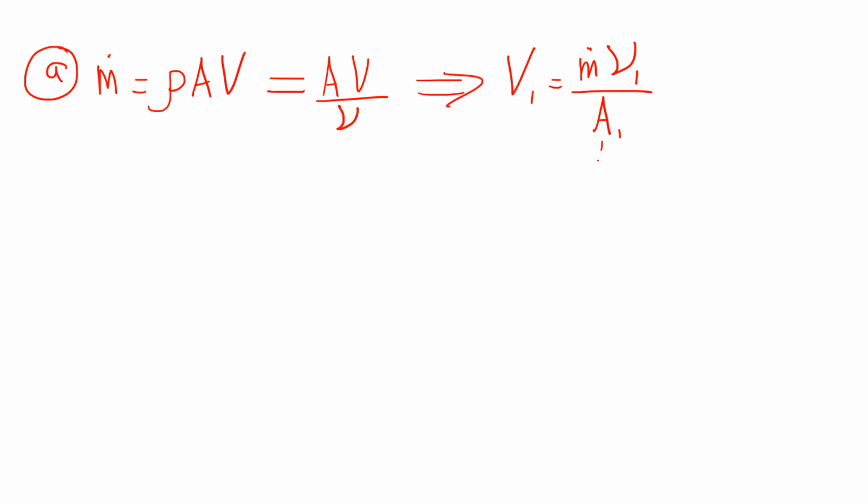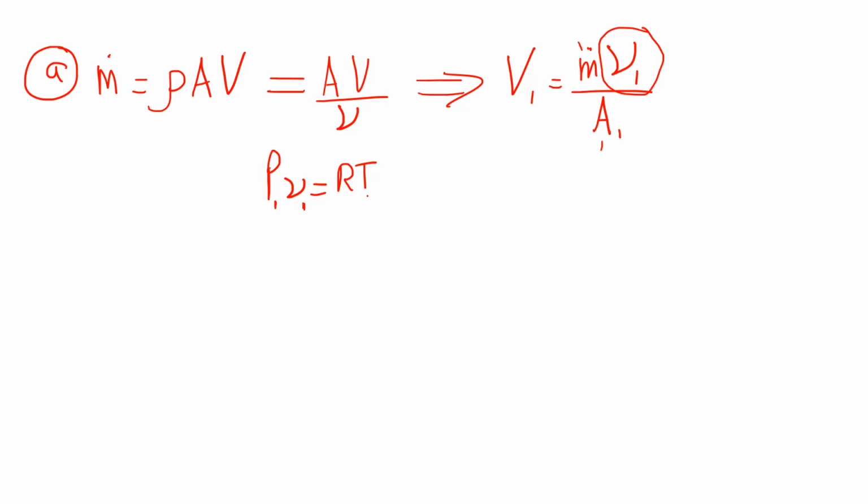Now I have the inlet area, I have the mass flow rate, I just don't know yet what my specific volume going in is. But I know that this is an ideal gas, therefore I can use the ideal gas law. Pressure times specific volume equals gas constant times temperature. Right?